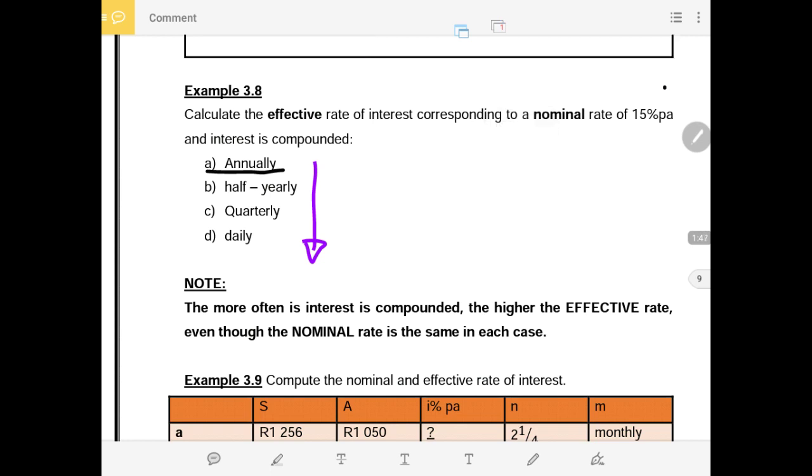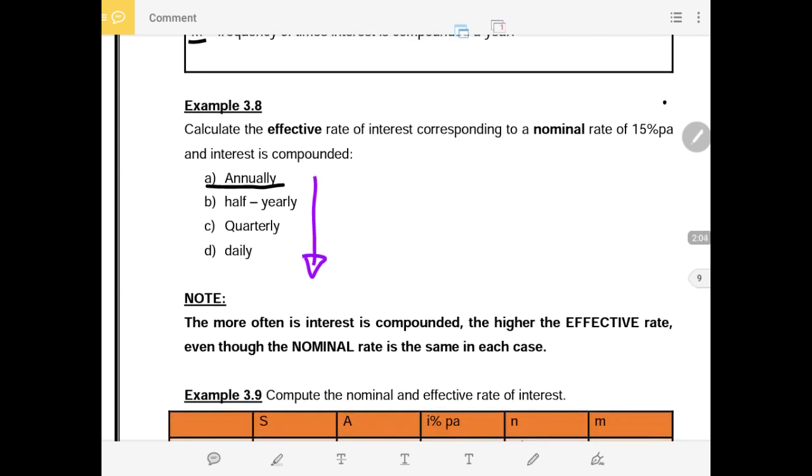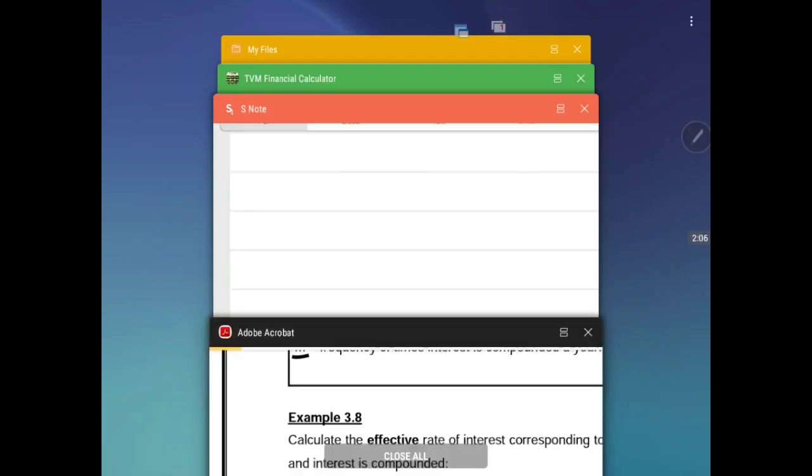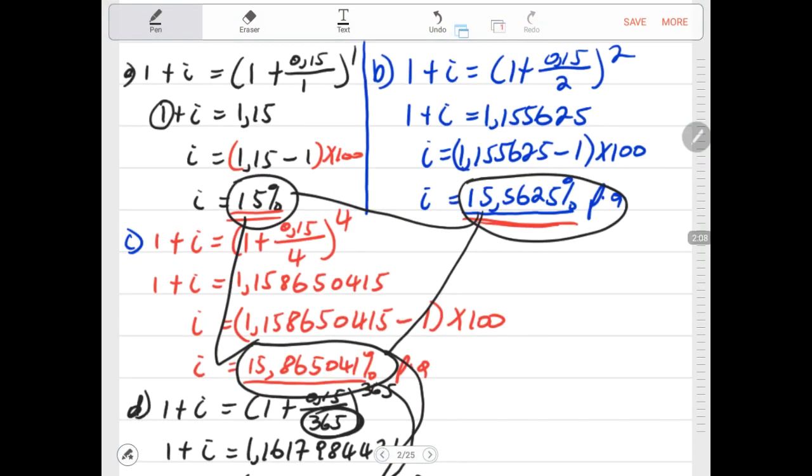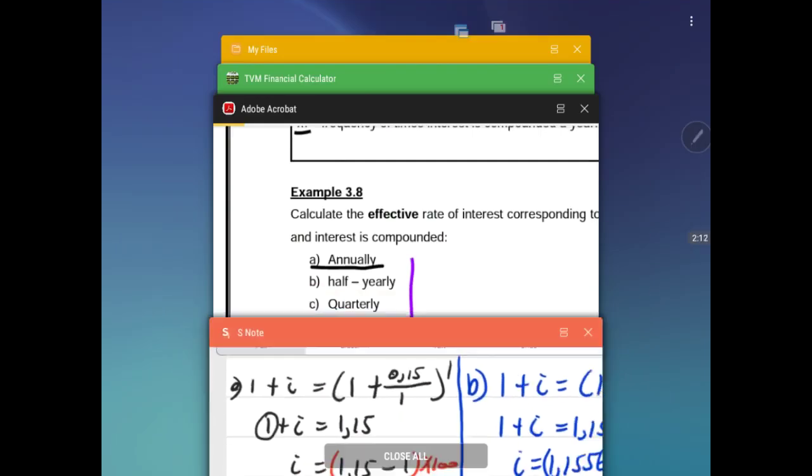So we discovered that the more often the interest rate is compounded, the higher the effective rate will be in comparison with the nominal rate of interest. And that was the conversion. If you remember, we were busy with converting this interest rate with our previous calculation. Now we are done with the conversion.